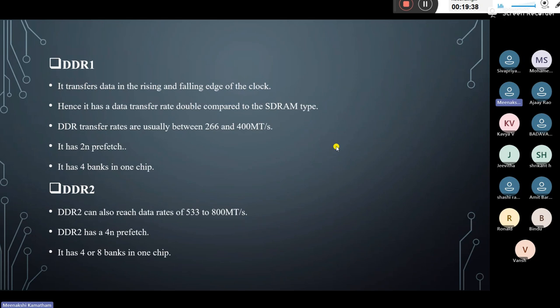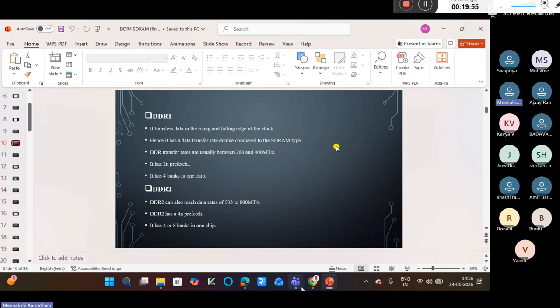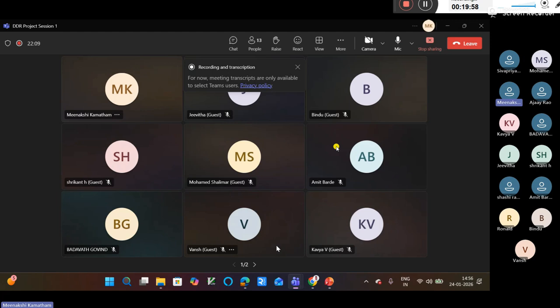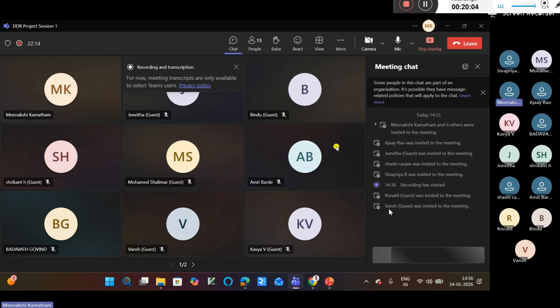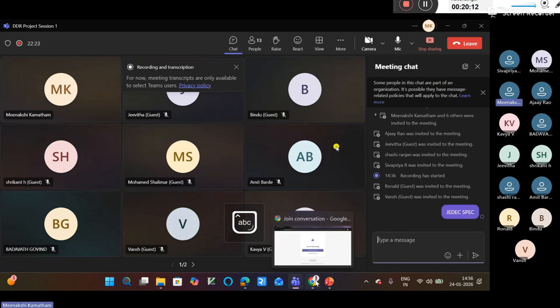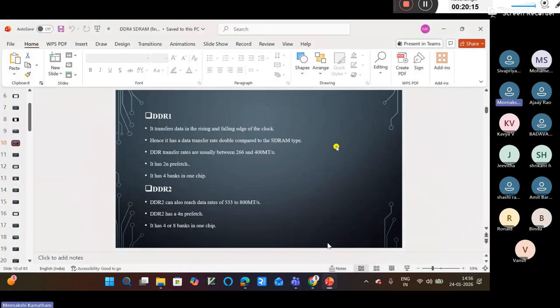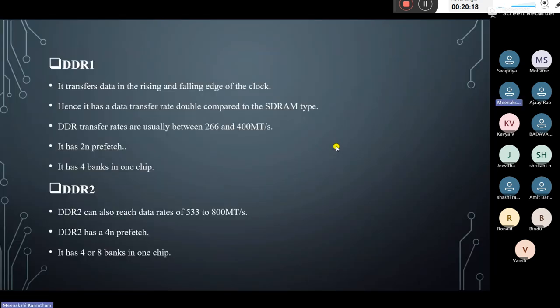I want to give some insights on DDR from my experience. You need to learn the total protocol. First, you need to follow the JEDEC spec. I will ping you in the chat box later, I think it may be helpful to you. You need to download that JEDEC spec. After downloading, have a look at all of the spec, how it goes and what the things are.